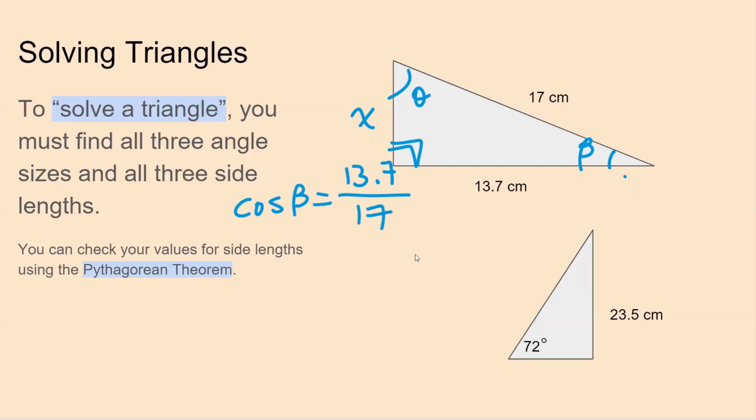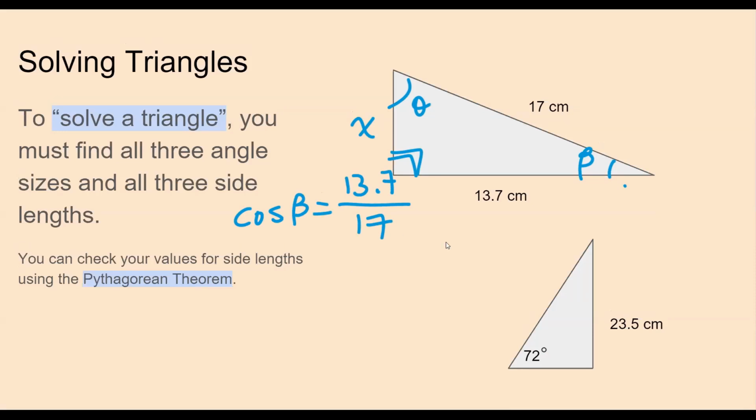That will give us inverse cosine of 13.7 divided by 17, which is 36.3 and so on degrees. Let's just round it to 36.